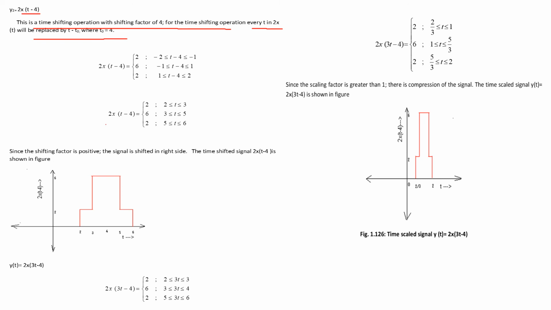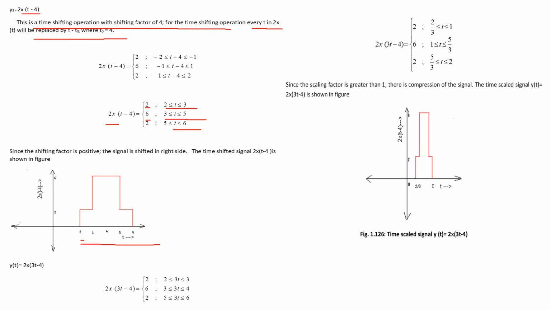The resultant operation is like this: 2 from 2 to 3, 6 from 3 to 5, 2 from 5 to 6, and the resultant graph is like this. Previously it started from minus 2, and it is shifted by 4 samples towards the right, so it starts from 2 and goes to 6, and the amplitude remains the same.